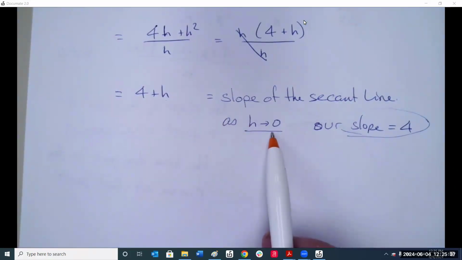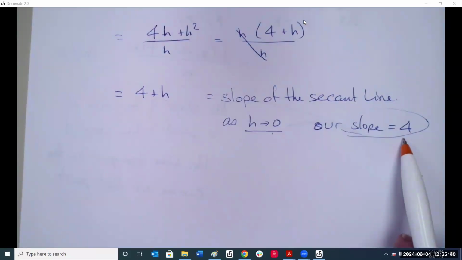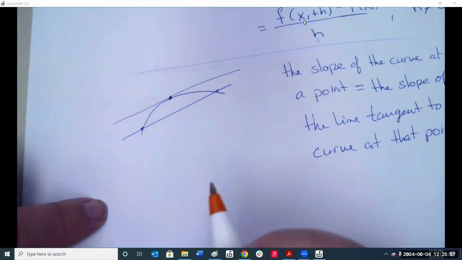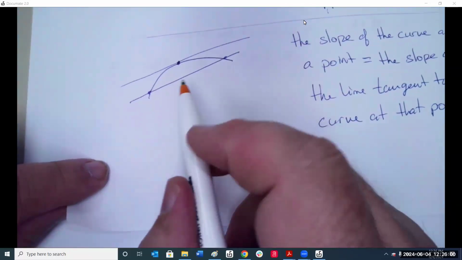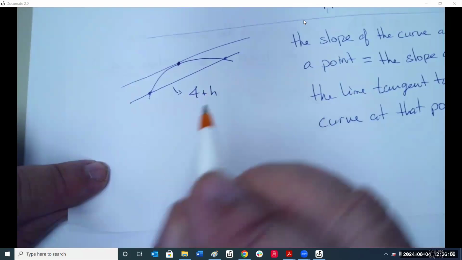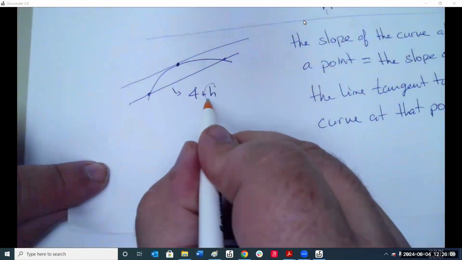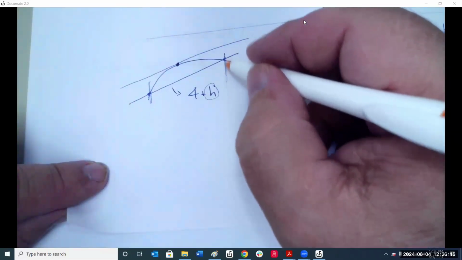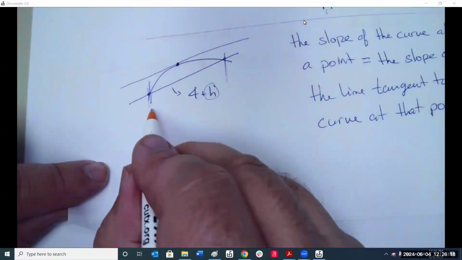As h goes to 0, what does this become now? This is the secant line, right? That second one. The slope of that one was 4 plus h. What does h represent? The horizontal distance between these 2 points. That's h.